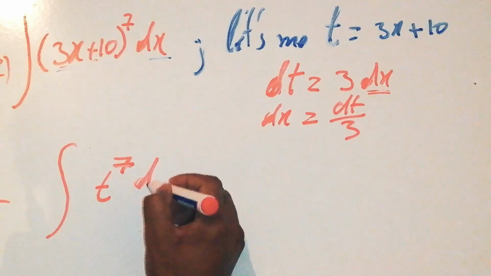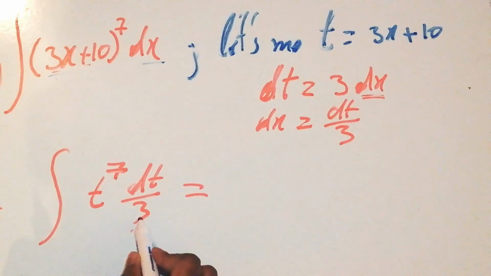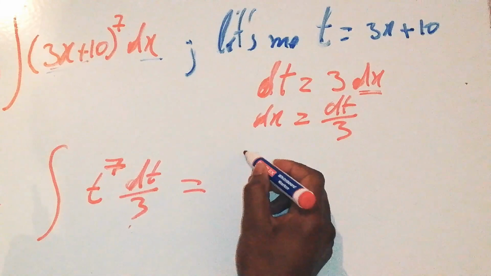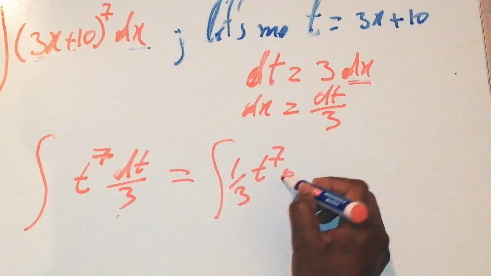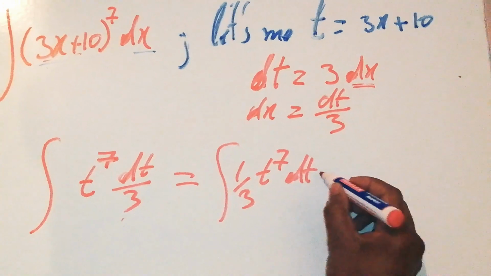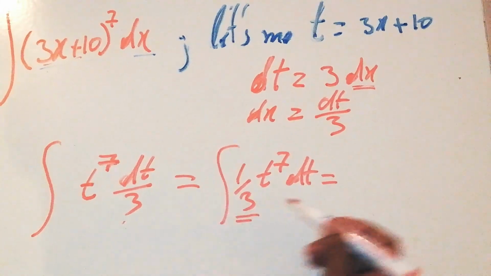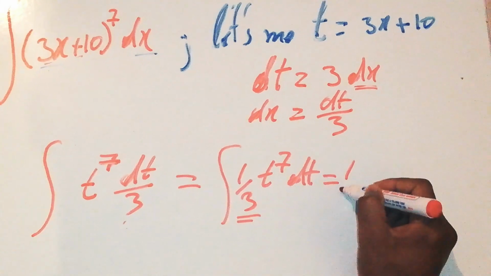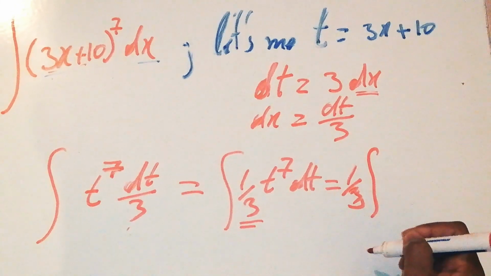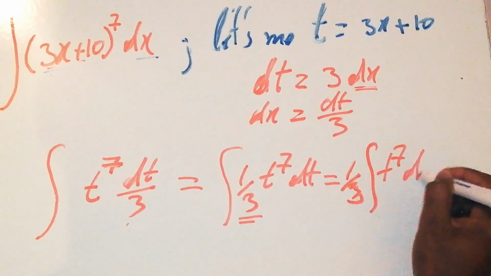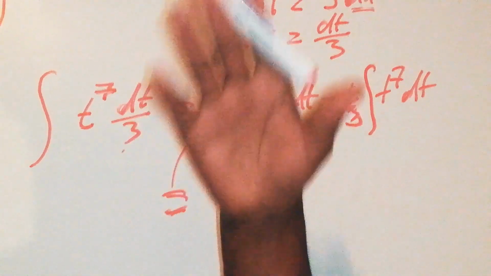This is a coefficient factor, 1/3, times t exponent 7 dt. I take the coefficient factor out of the integral sign and put it there: 1/3 integral of t^7 dt. This brings me back to what we showed earlier.